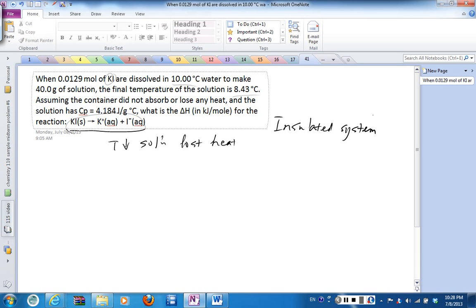So if something lost heat in the system, it must have gone somewhere else in the system. Somebody picked it up. So if the solution is losing, who's gaining? There are no other objects. We're not really trying to set out to find the heat capacity of potassium iodide.